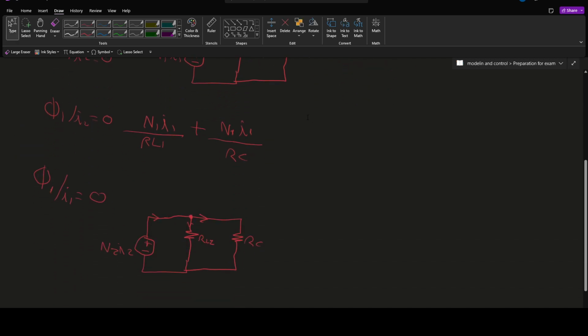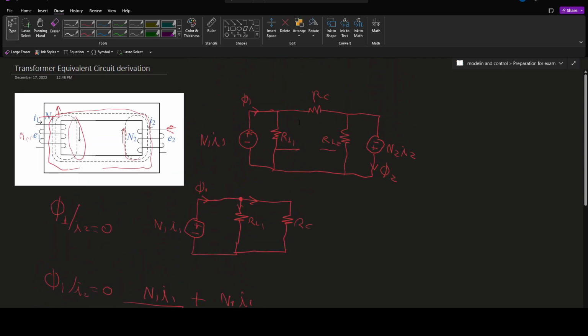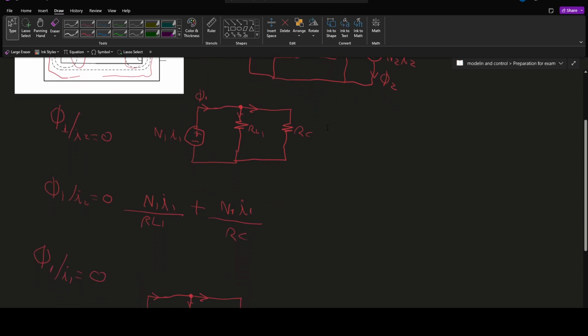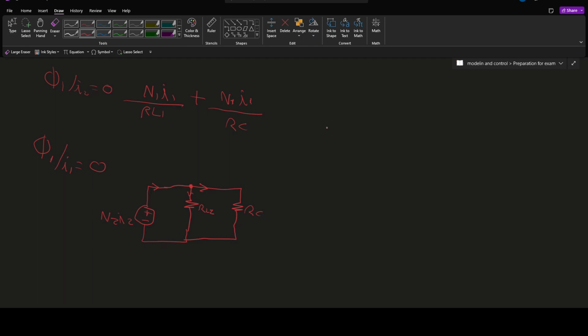Yes. Okay, we are still interested just in phi1, and phi1 is the flux going through this reluctance RC. So here we care about the flux going through RC.